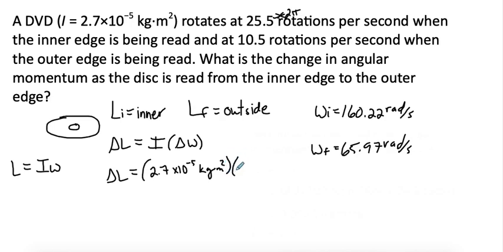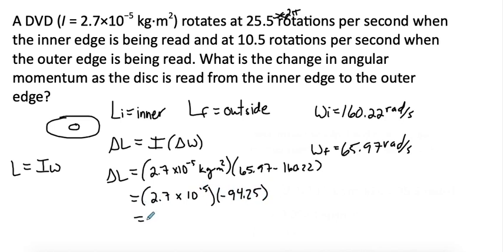And then it's going to be final minus initial, because that is what delta omega is. So 65.97 minus 160.22. Okay, so simplify this a little bit. We're going to put this in our calculator, and we'll save the units for the end here. So putting this in your calculator, you get negative 94.25.